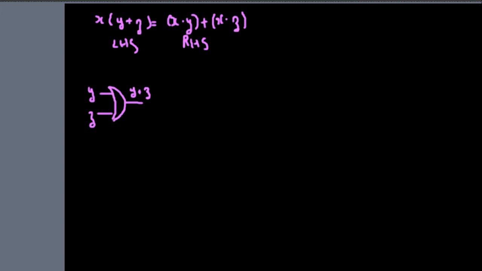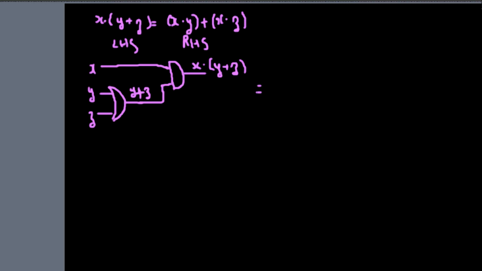Now we have x, which is being multiplied with y plus z, so you take one x as well. Now this y plus z and x are given as input to an AND gate, so you'll get x multiplied with (y plus z).